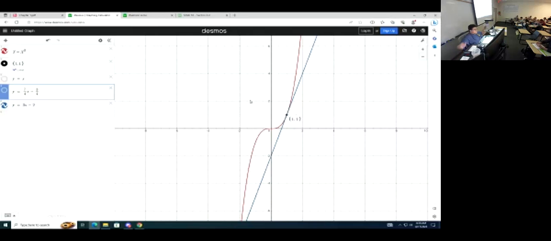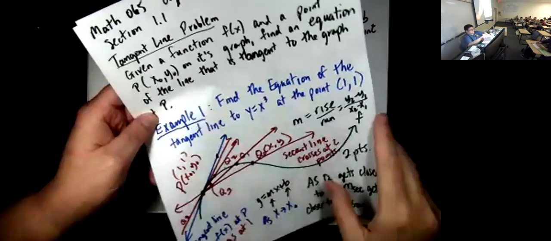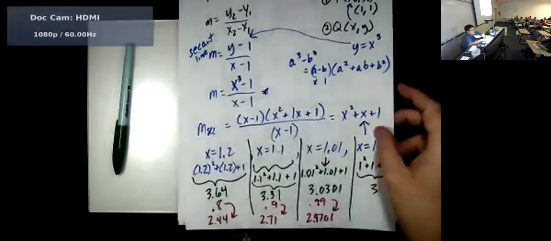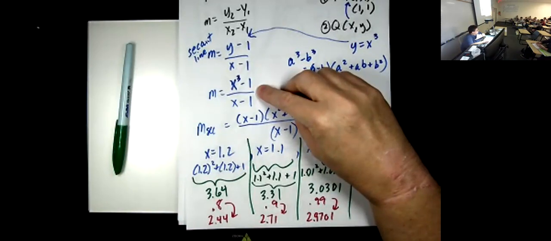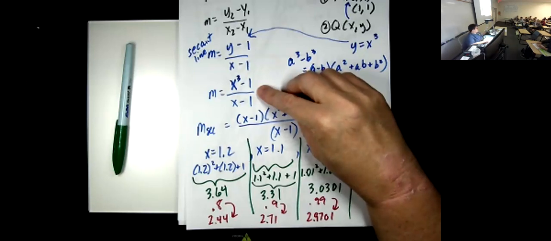I do want to point out real quick, what would have happened if we had plugged in x equals 1 right here? I get 1 minus 1 over 1 minus 1, 0 over 0. That tells us nothing, right? How does 0 over 0 equal 3?